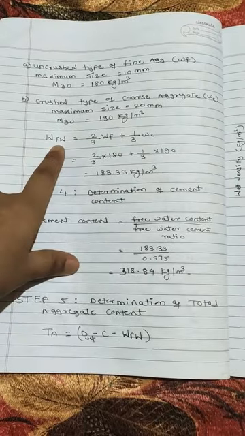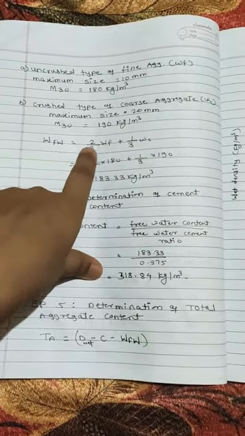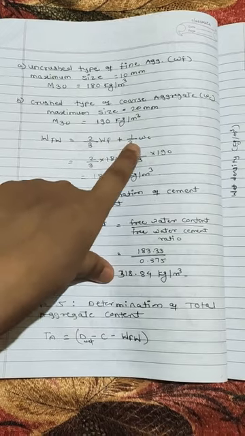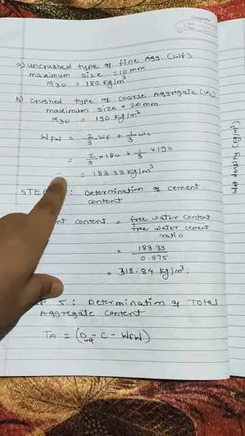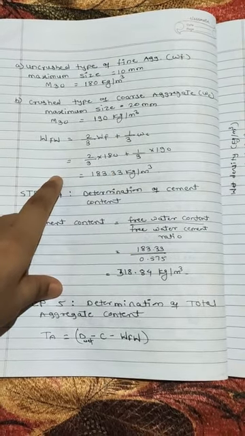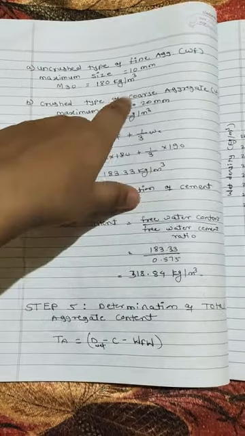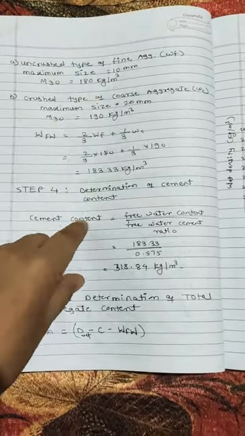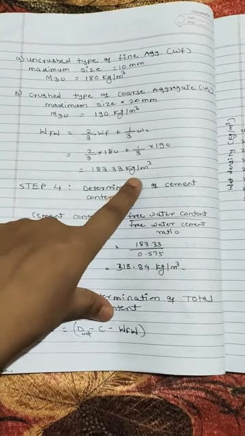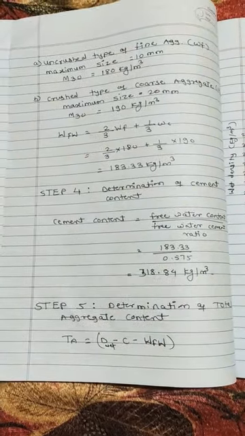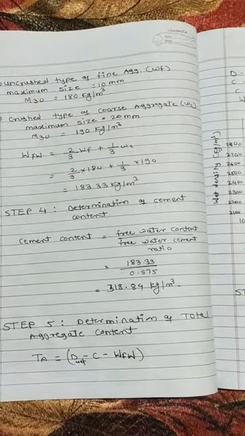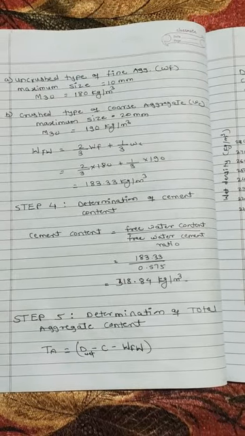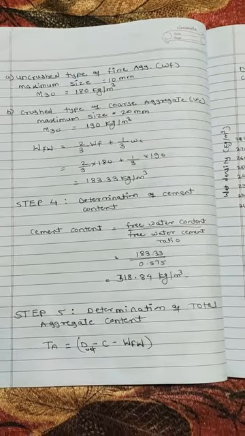Here is the formula: W equals 2 by 3 Wf plus 1 by 3 Wc. 2 by 3 into 180 plus 1 by 3 into 190 equals 183.33 kg per meter cube, which is the water content.